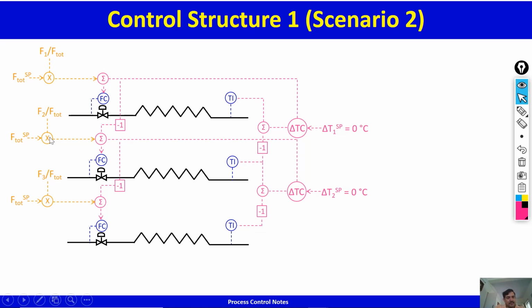Repeat the same thing on F2, repeat the same thing on F3. So this will give you heat pass balancing, pass load balancing. It will also ensure that the F dot set point is what you want it to be by the action of these ratio controllers.